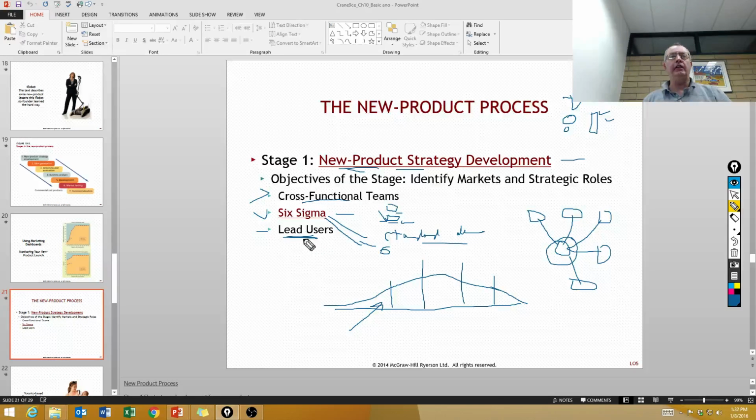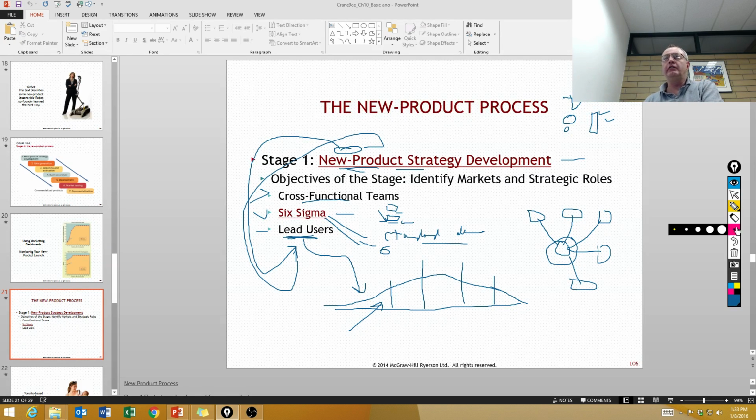If the company can find these early adopters, then maybe the way it finds the parameters for the new products it wants to develop is to talk to these lead users and ask, what kind of product features do you think our products need, or what kind of products do you think you need that maybe we can provide? So the early feedback from these lead users can help the company define what kind of product it should develop.